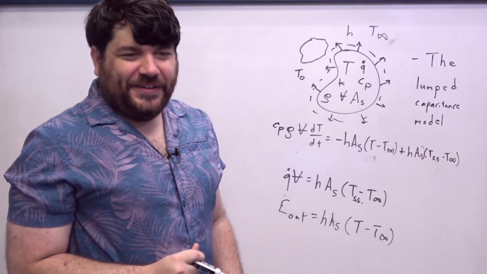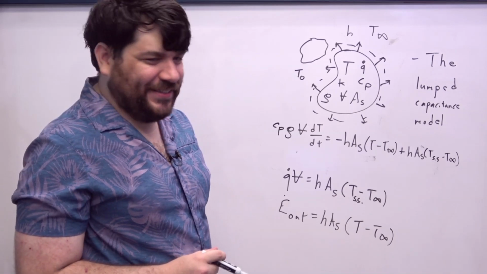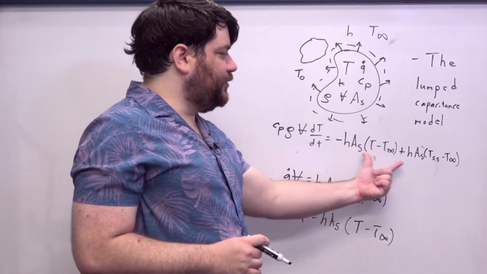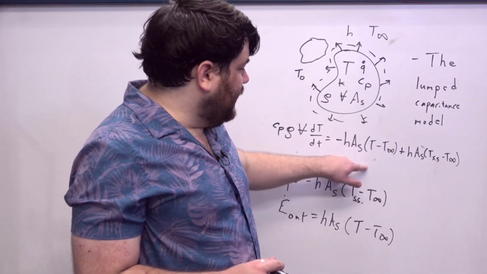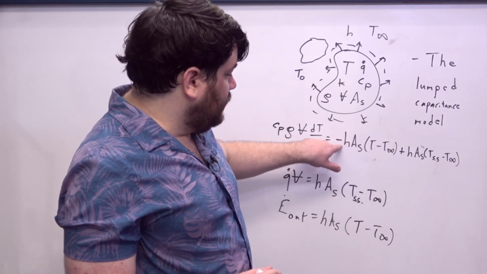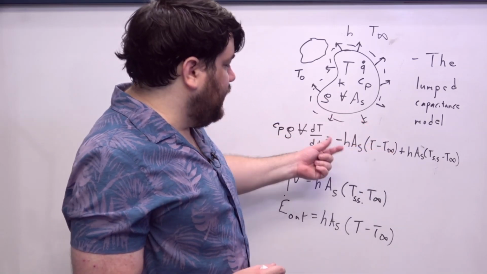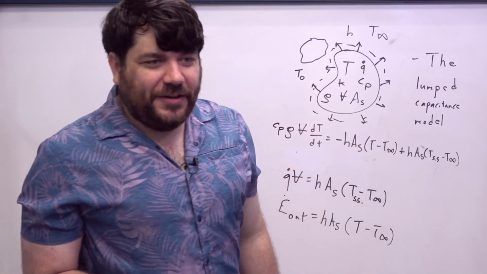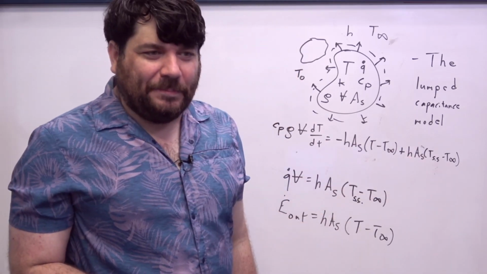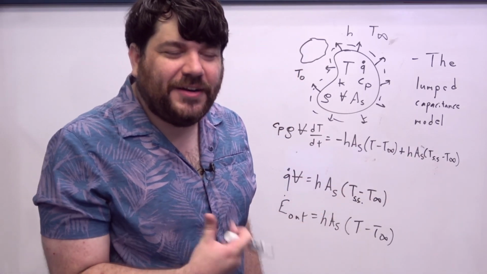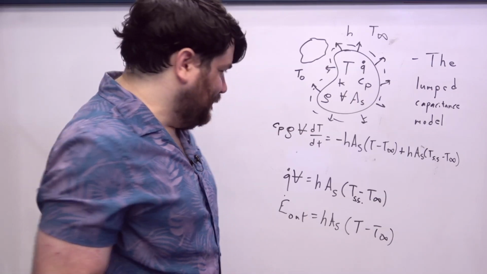Got to make sure I don't go past the limit to the board. These terms have something that cancels, right? Note the negative. This negative multiplies this to generate a positive hAs T infinity term. And this is a negative T infinity term. And so what happens is that the T infinity terms actually cancel out.